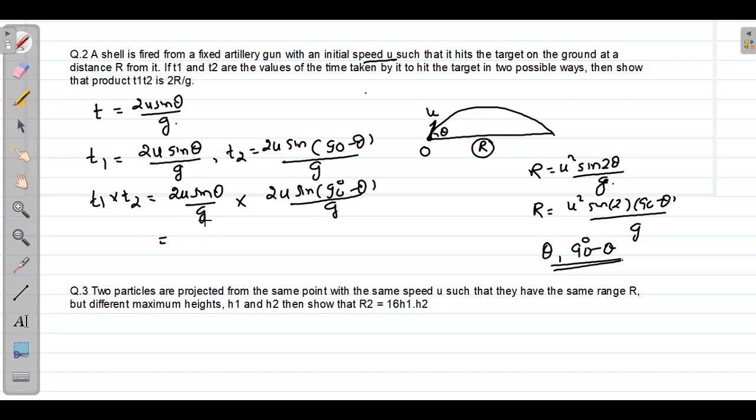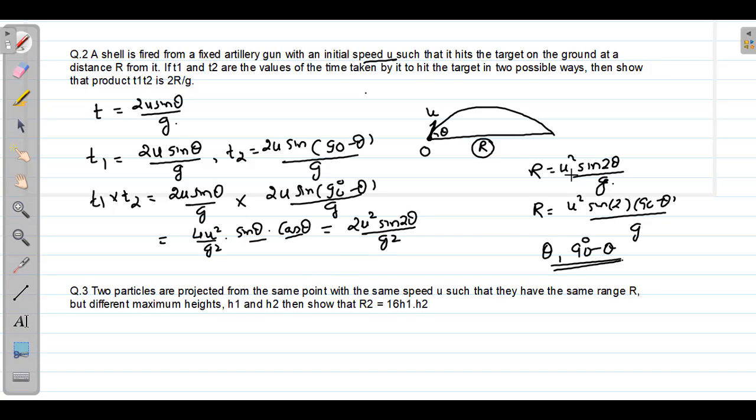Common terms can be combined: that is 4u square by g square, then sine theta and sine 90 minus theta, which is cos theta from trigonometry. Sine theta cos theta, with the 2, can be written as sine 2 theta. So it is 2u square sine 2 theta by g square.